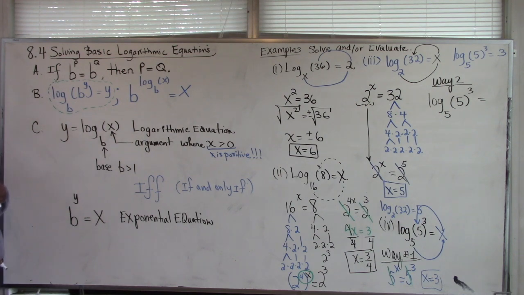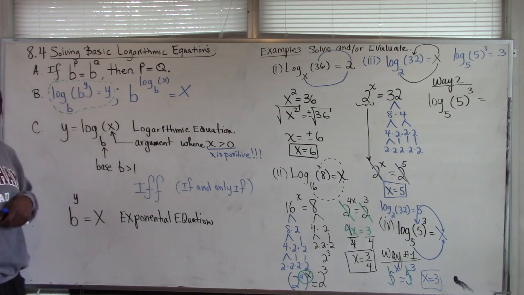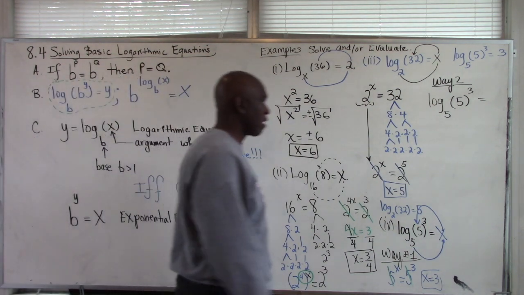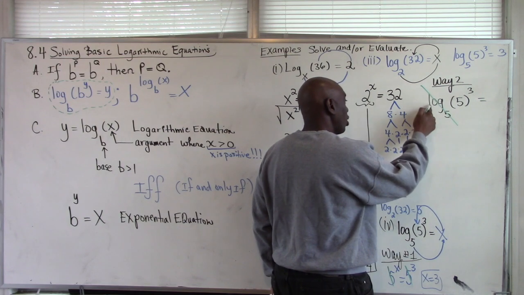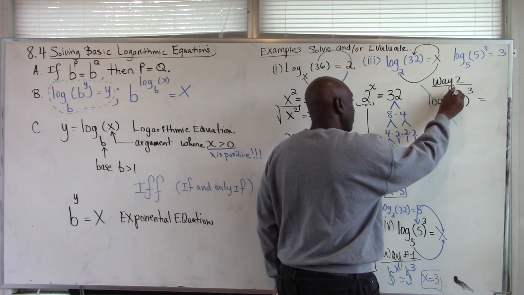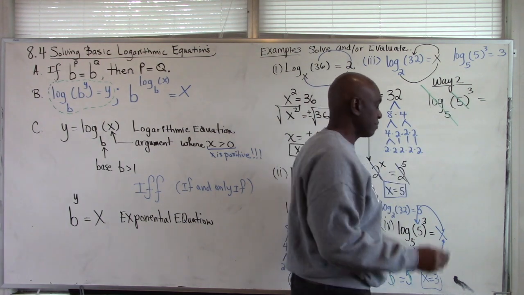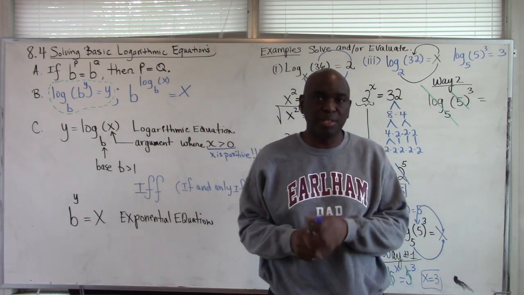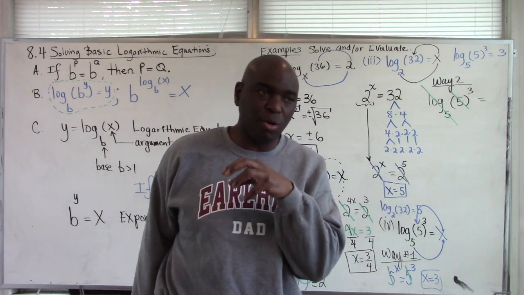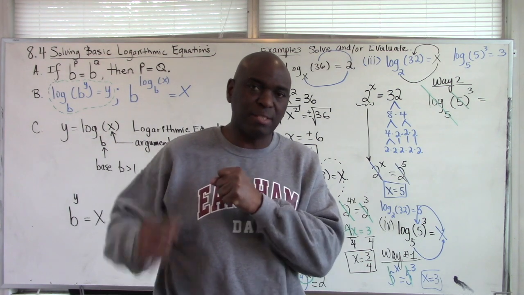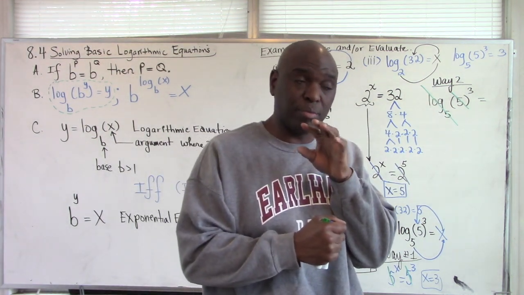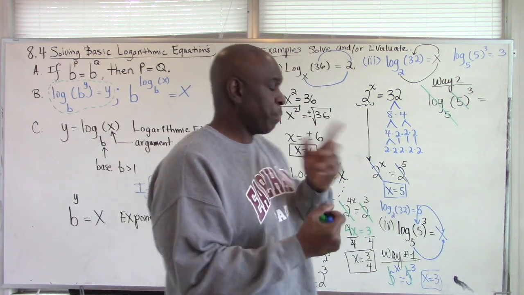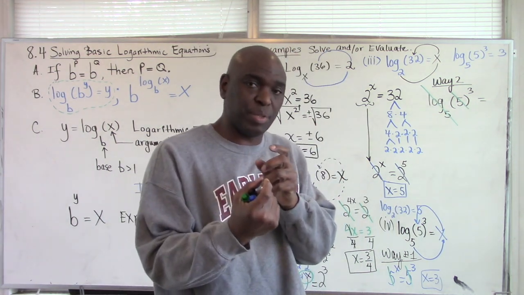Log base b of b to the y is simply y. Log base 5 cancels with this 5, because the base of the log cancels with the base of the exponential power. The base of the log cancels the exponential base.